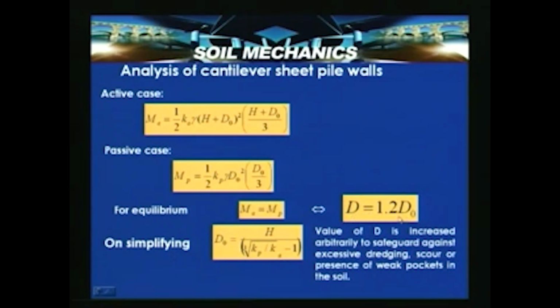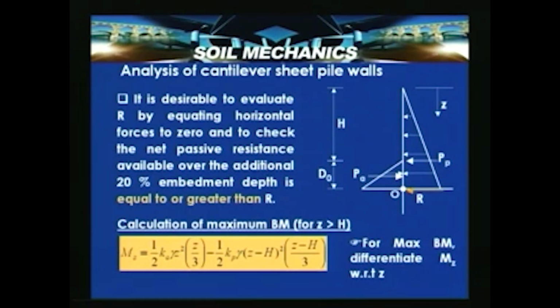So D is equal to 1.2 D naught is provided, where D naught is obtained based on the deliberations we have just discussed. So the value of D is increased arbitrarily by about 20% to safeguard against dredging or scour or presence of weak pockets within the soil.